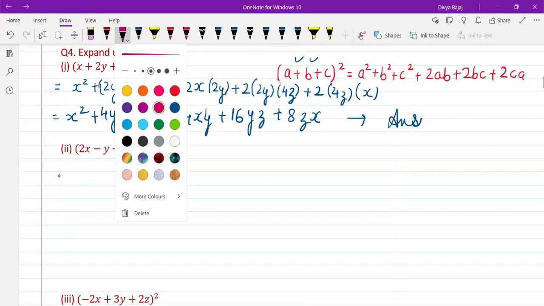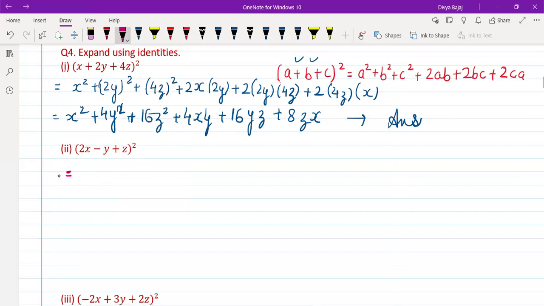Let's solve this question. The first is we are going to do the square of the first term, a square, plus b square. b is minus y, so the square of the second term, plus c square. c is z. So we did the square of all the three terms one by one.